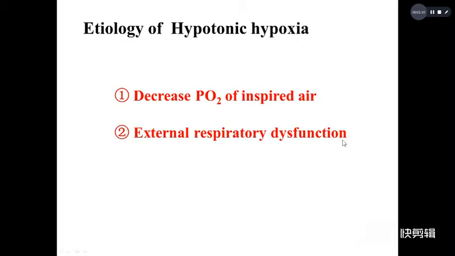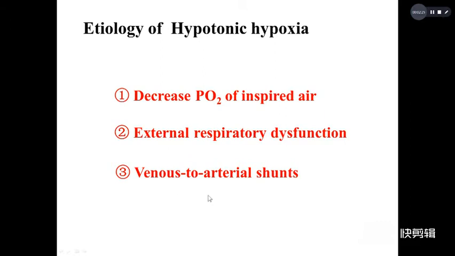The second, external respiratory dysfunction. So it leads to partial pressure of oxygen in artery decrease. Also hypotonic hypoxia happens. The last, venous to artery shunt. Venous blood oxygen content is less than arterial blood.